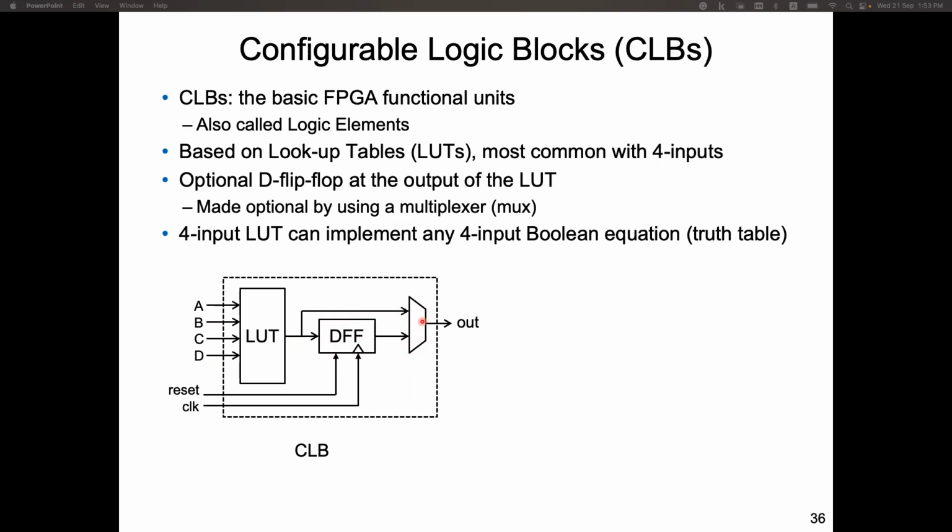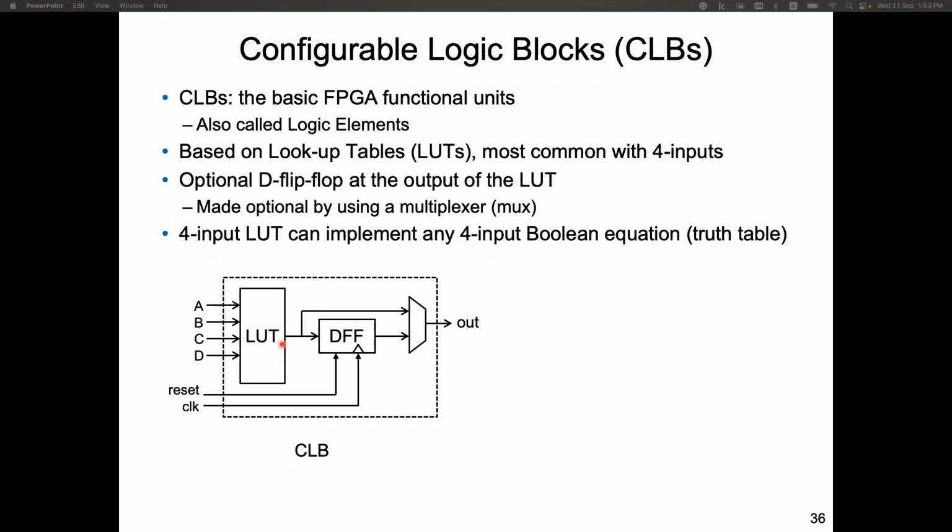The multiplexer selects either of its inputs and passes it to the output. A 4-input LUT can implement any 4-input Boolean equation or a 4-input truth table.